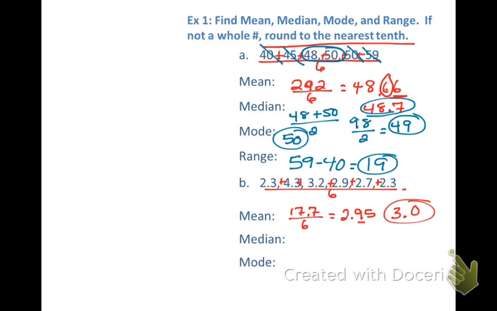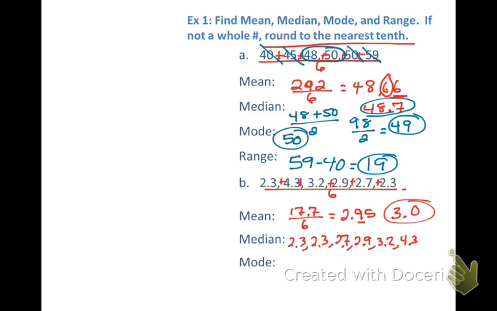Median. This time you have to write it in from least to greatest, so 2.3, 2.3, 2.7, 2.9, 3.2, and 4.3. I'm going to check if I have 6: 1, 2, 3, 4, 5, 6. Yep.